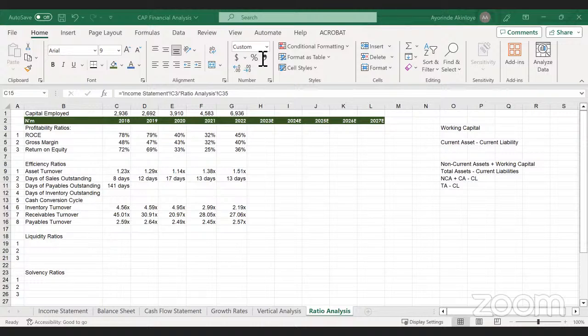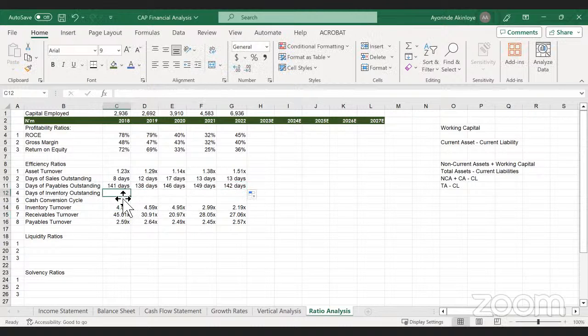If I gave you days of sales outstanding and I told you calculate receivables turnover from it, so if days of sales outstanding is 8 days in 2018, how do you calculate receivables turnover? Don't give me the figure. Tell me how to calculate it. Correct. So 365 divided by days of sales outstanding. So perfect. I think we understand that.